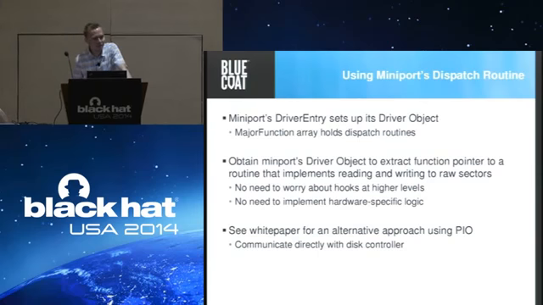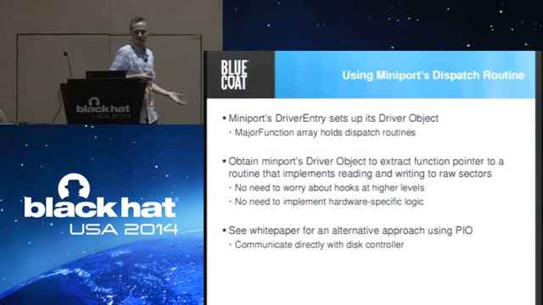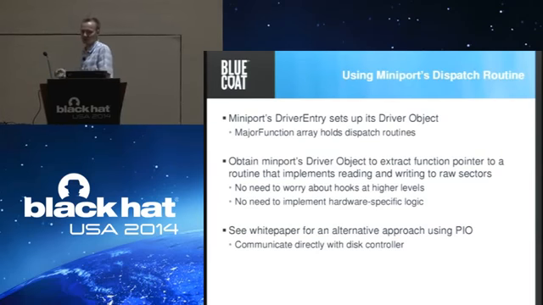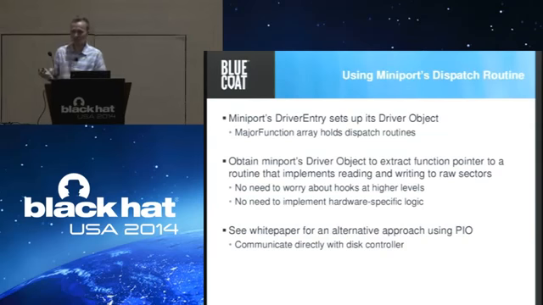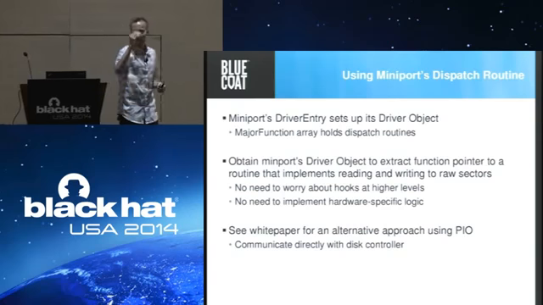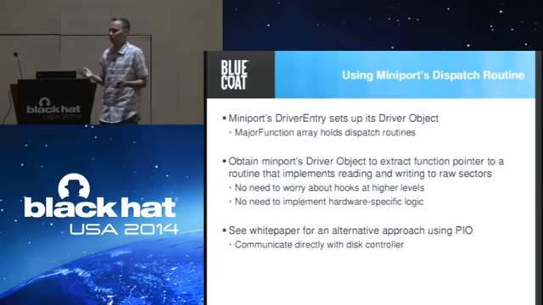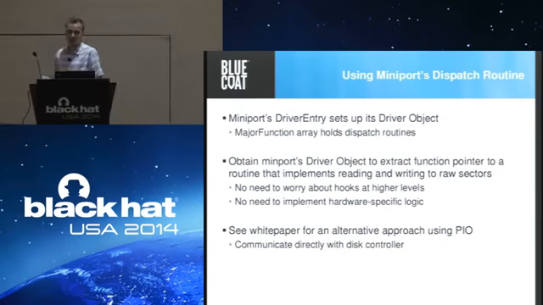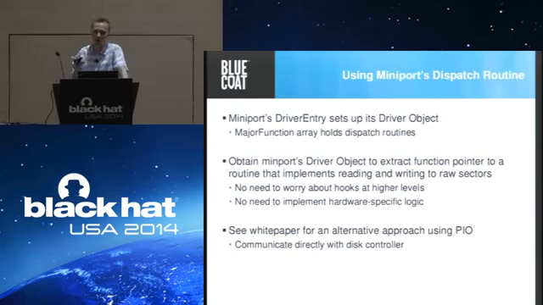This means that if we can obtain the miniport's driver object, we can extract a function pointer to a routine that does exactly what we want it to do, that reads and writes raw sectors on disk. Meaning we don't have to worry about any hooks that might be present at higher levels. It also means we don't need to implement hardware-specific logic ourselves, which is a great thing because it can become somewhat tricky.